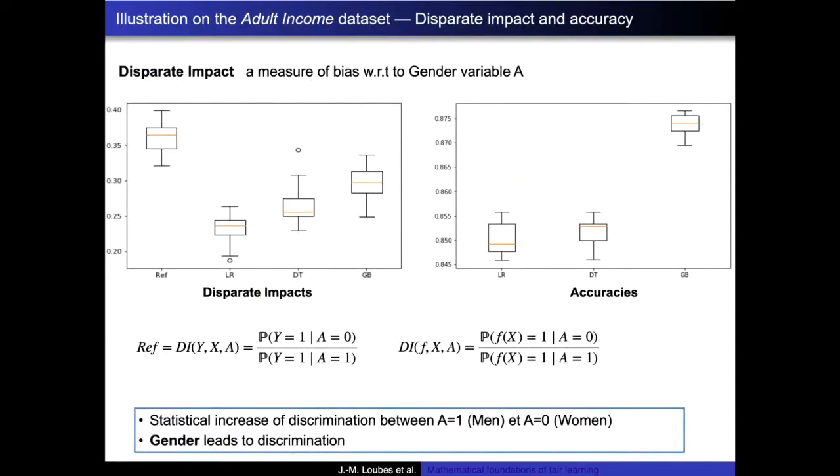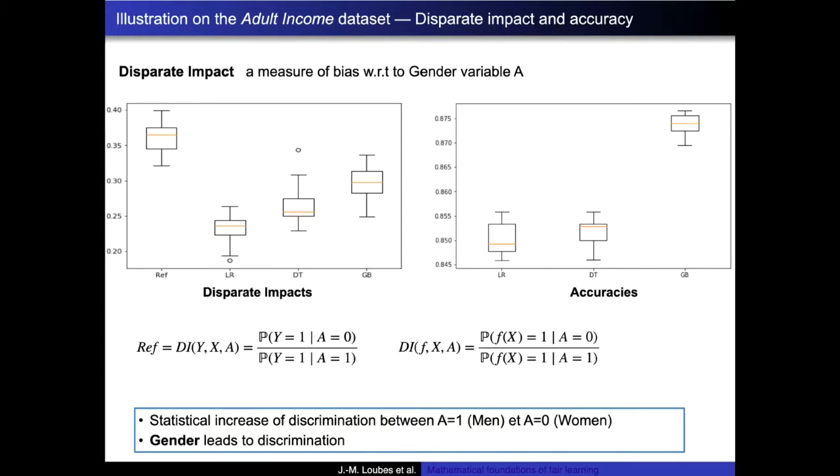So I'm going to use 3 machine learning algorithms: one very simple, which is a logistic regression, a linear model, everything standard; another one, a classification tree; and then a black box model, which is extreme gradient boosting. If you look at the accuracy figure, you see that I predict quite well, around 85% of good predictions.